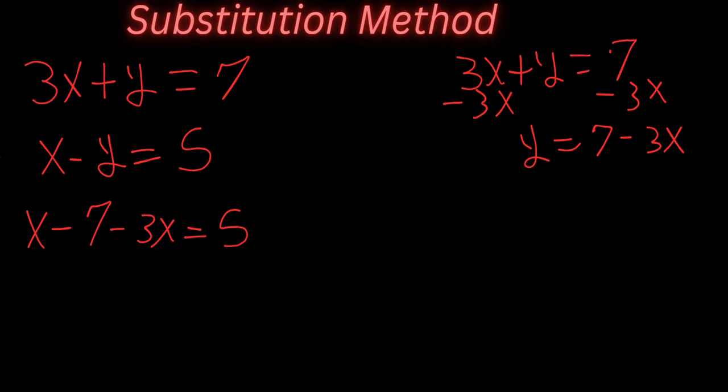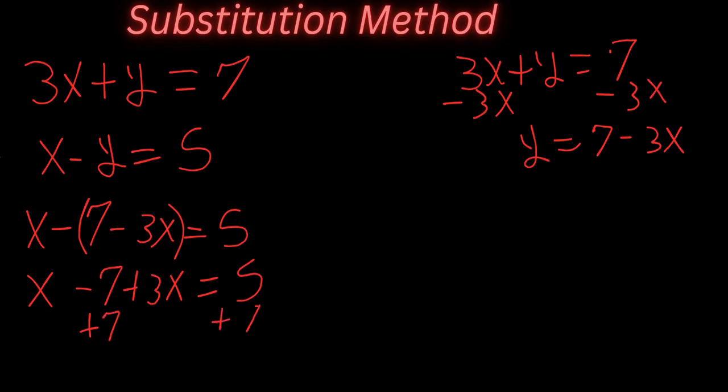We now have, this really is in parentheses, so we need to distribute it. It's x minus 7 plus 3x equals 5. Now we can add 7 to both sides and combine like terms to get 4x equals 12. We're going to divide both sides by 4 and get x equals 3. So 3 is our x term.